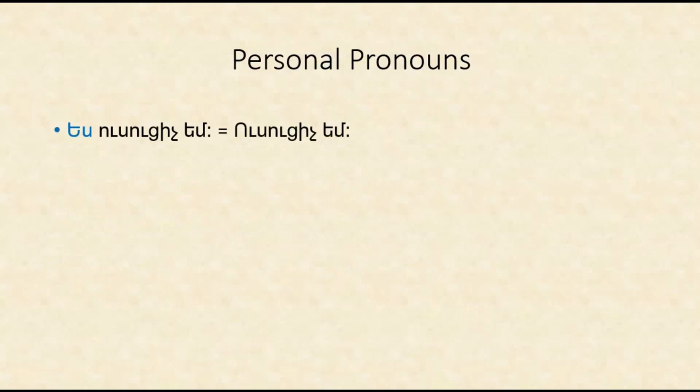An important thing to remember about the pronouns in Armenian is that a lot of times these pronouns are optional in a sentence. You can use it or you don't have to. For the sentence Yes, ուսուցիչ եմ, I'm a teacher, we can easily omit yes and simply say ուսուցիչ եմ, which will be translated to English the same way, I'm a teacher.